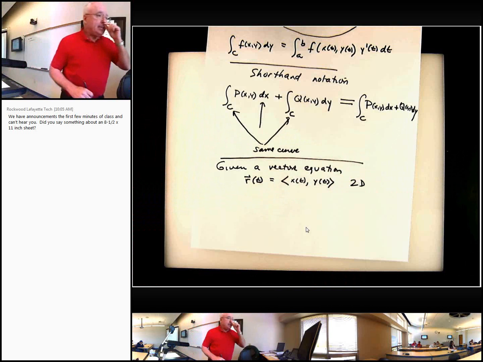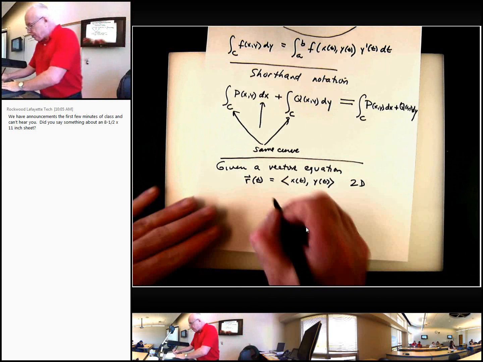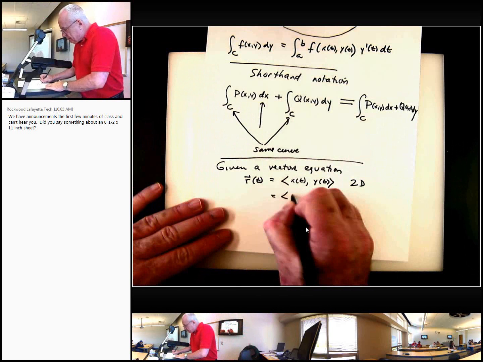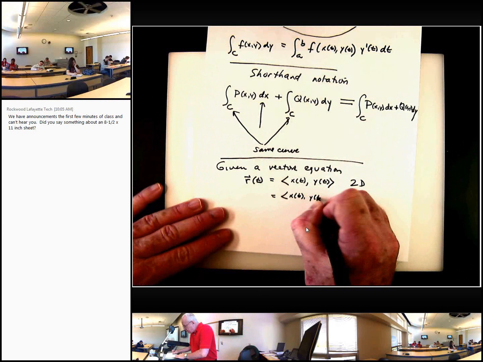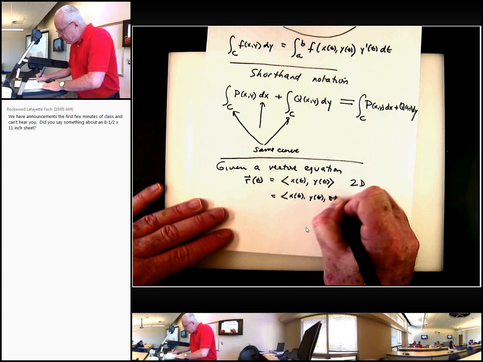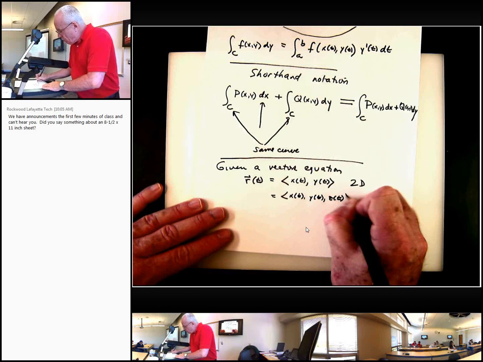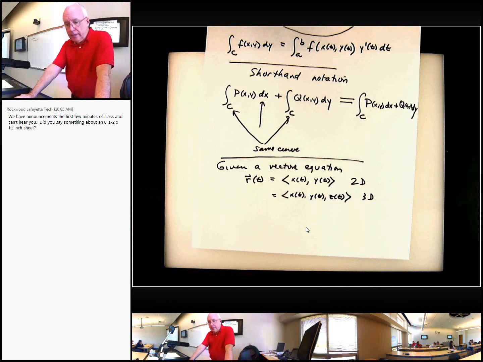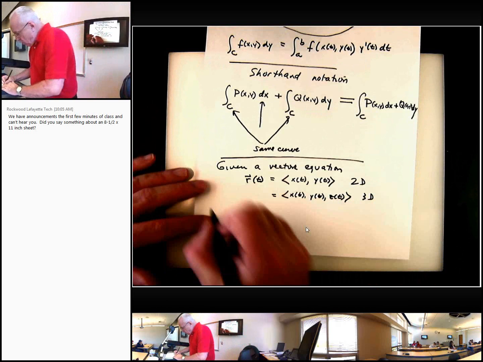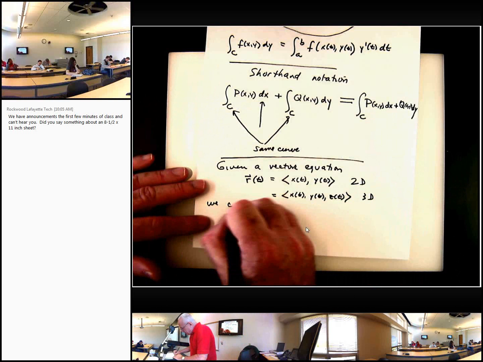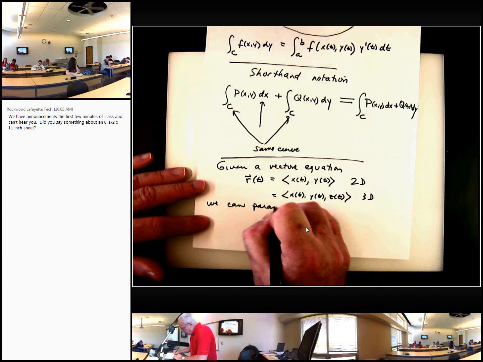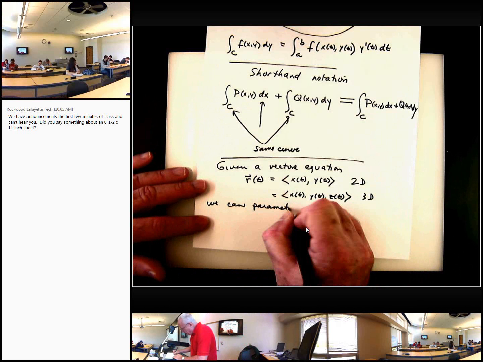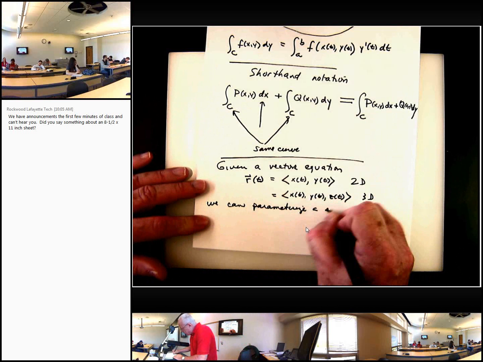And in the 3D case, we would have 3 components, of course, x of t, y of t, and z of t for our 3-dimensional case. If we have something like this, we can parameterize a straight line.